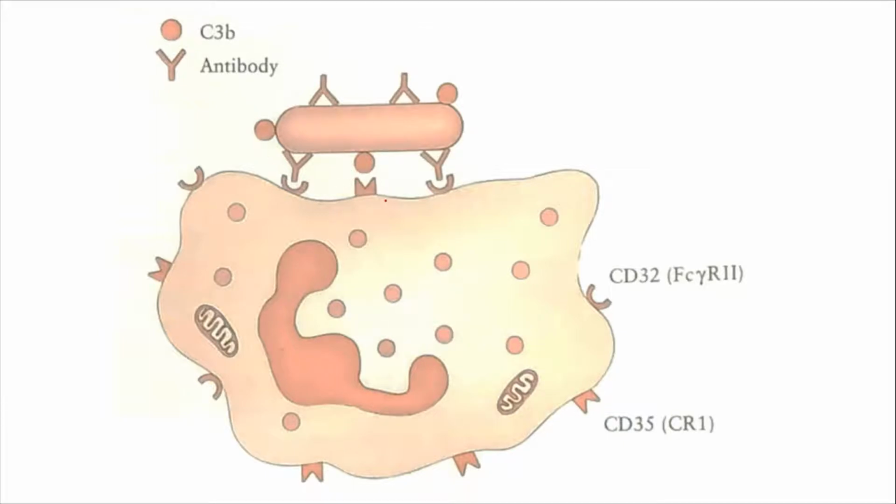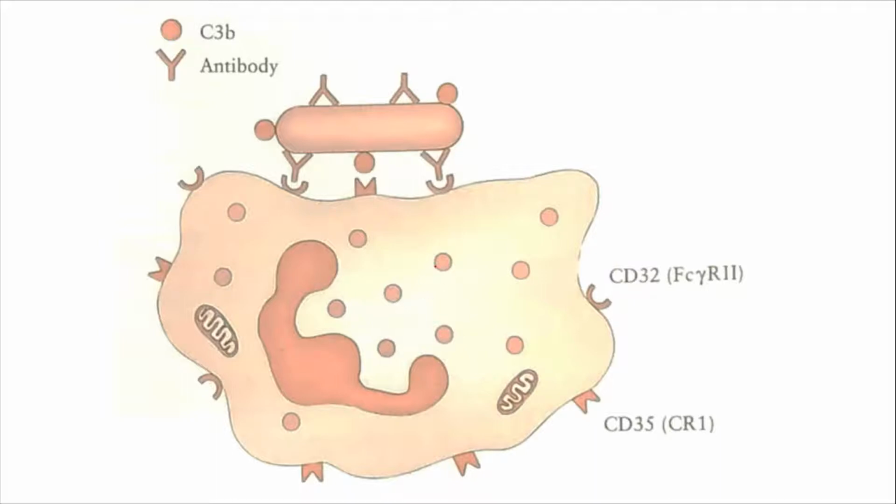The name of the receptor is the antigen binding receptor. Some other receptors are there, called the CD32 receptor and CD35 receptor. These two receptors are expressed when the neutrophils closely reach the antigen-encountered area. This process is called triggering of neutrophils.